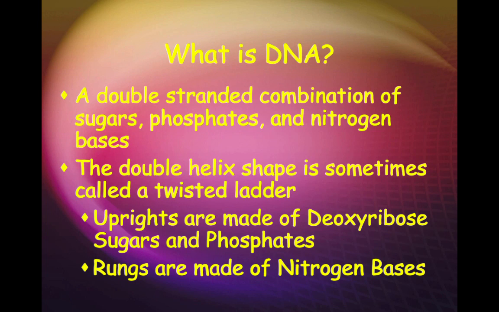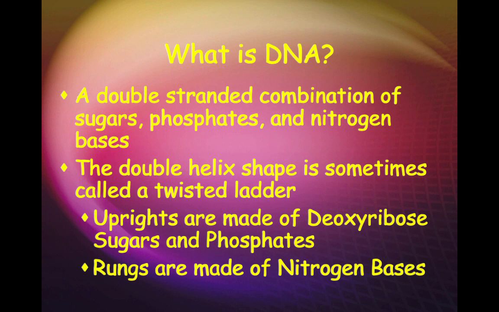Okay, so we're going to focus on DNA for a little bit here. DNA is a double-stranded combination of nucleic acids. So we're going to talk about DNA kind of like an upright ladder. And we're going to take that upright ladder and twist it into a corkscrew, and that's what DNA looks like. The two sides being one half of the ladder, the left side of the ladder, and the right side of the ladder.